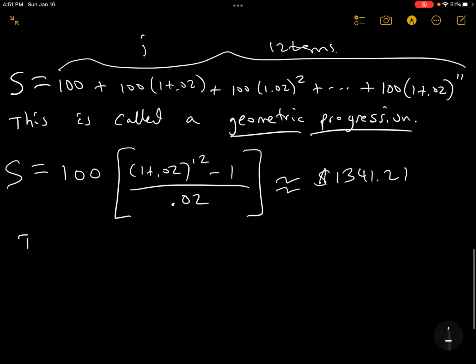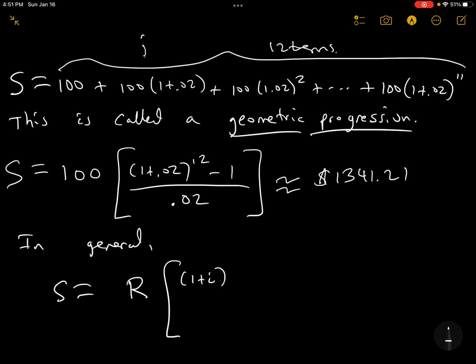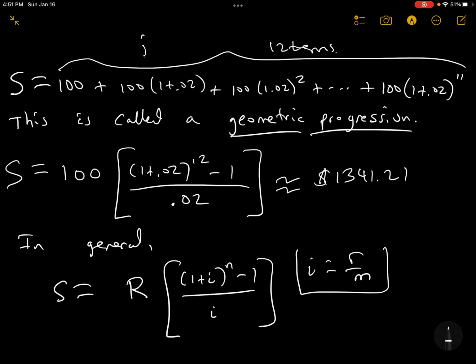So in general, the accumulated amount is R, which is your payment, times (1 plus i) to the n minus 1, over i, where i is r over m from our previous work.